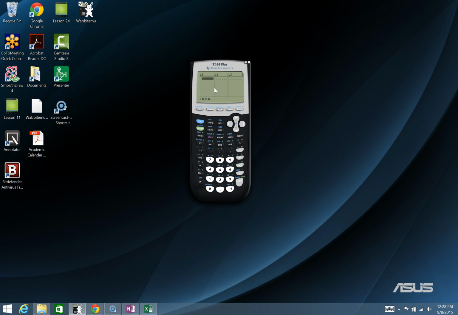After entering them, you will come back to Stat, come over to Calculate, and then you can select 4 for linear regression, or the one we typically use in statistics, 8, and it gives it to us in this form, a plus bx. It will tell you your least squares regression line, and that's how you perform a linear regression with a TI-84 or similar calculator. And that concludes this video.